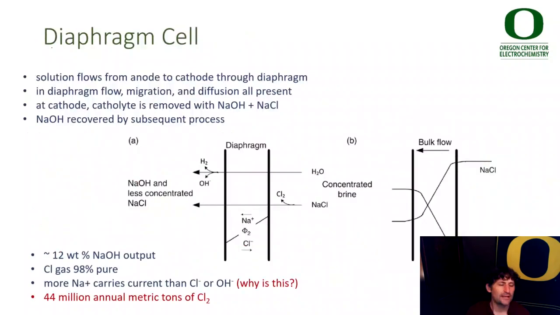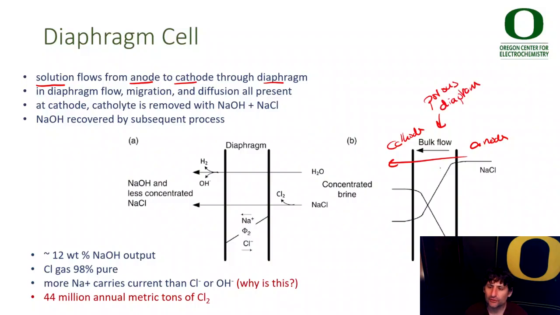Now, in a diaphragm cell, the solution typically flows from the anode to the cathode through the diaphragm. So there's some bulk flow from the anode to the cathode through the porous diaphragm. This is porous, microporous typically, and filled with electrolyte.